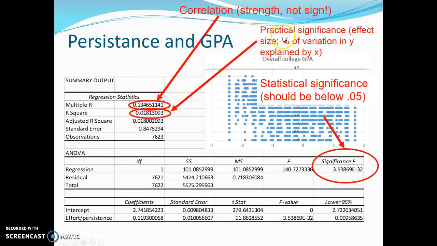This is where we get practical significance. So this here is how sure are we that there even is a connection? This is telling us how strong is that predictive connection. And as we said before, R squared could be interpreted as a percent, so we'd move it over 2, and we'd get 1.8%.